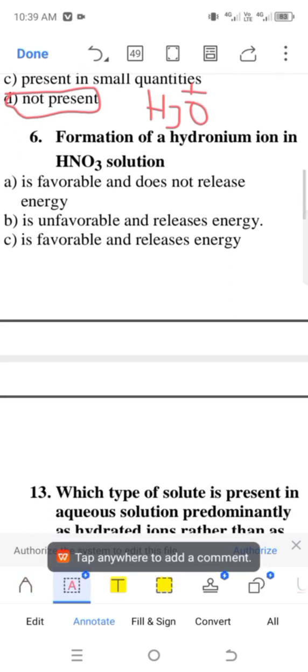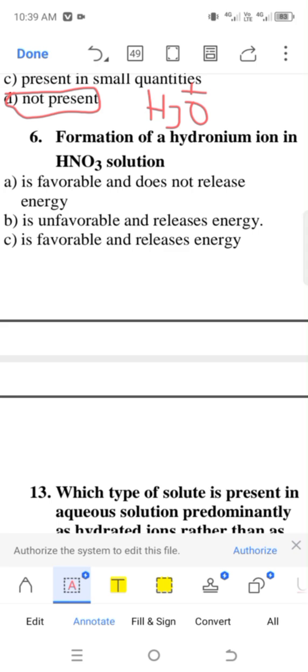Formation of hydronium ion in nitric acid solution. Guys, the intention of the question is whether the formation of ions from that compound is favorable or not. Whenever the compound is a strong base, strong acid, or soluble salt, the formation of the ions is favorable, because they completely ionize or dissociate to form ions.